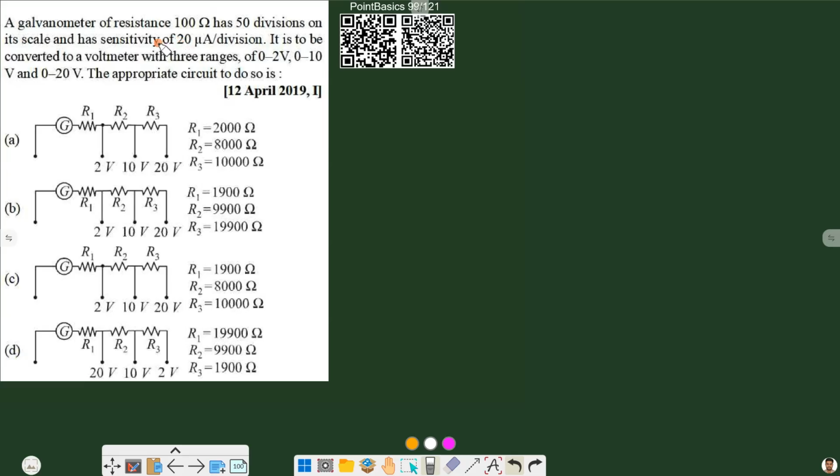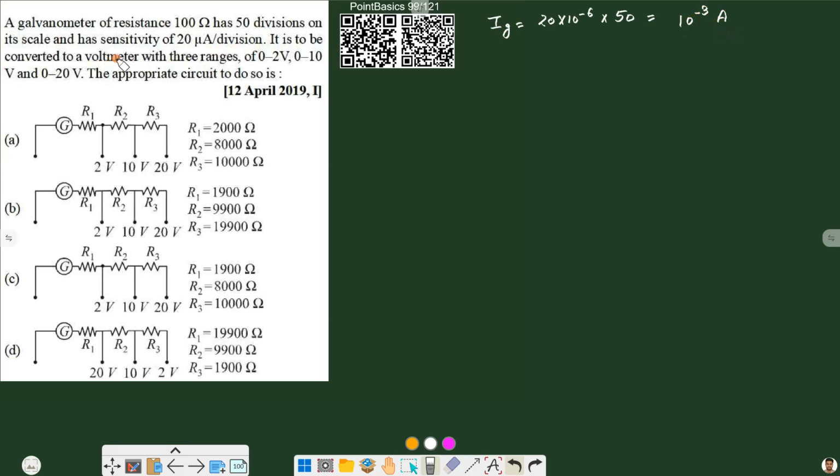Scale sensitivity is 50 microampere per division, meaning for one division 20 microampere current is needed and it has 50 divisions. So the maximum current of the galvanometer will be 20 into 10 raised to power minus 6 into 50, that will be 10 raised to power minus 3 ampere. That is the maximum current in the galvanometer.